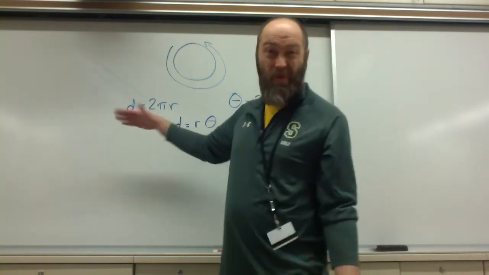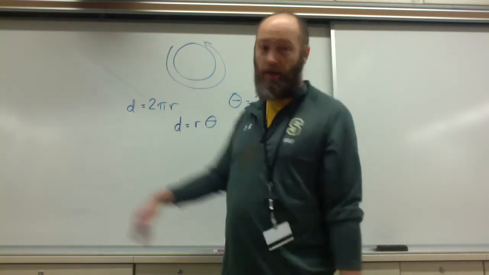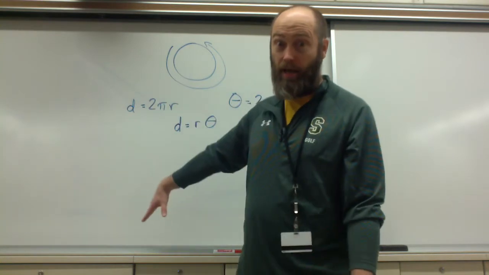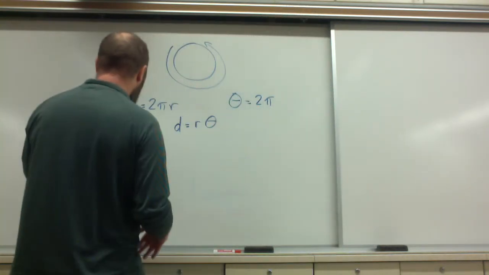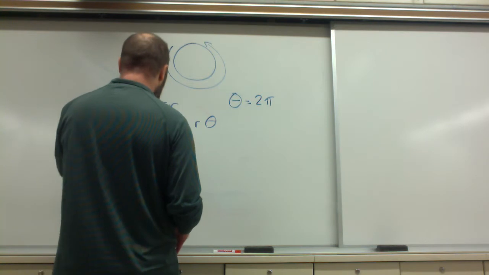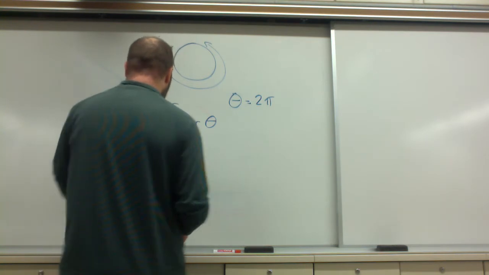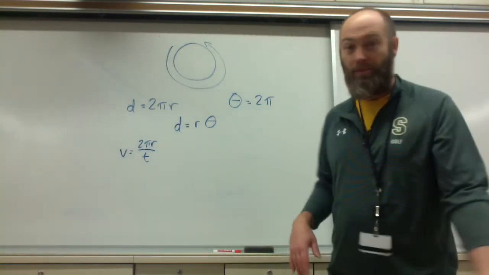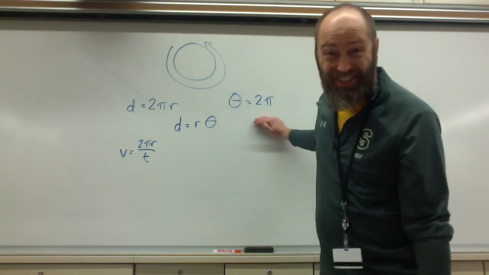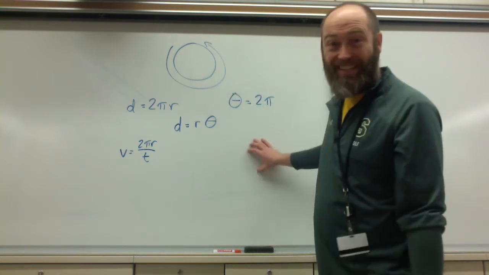And then guess what? If I wanted to do, for example, my speed here, well, that's distance over time. My linear speed was distance over time. Well, guess what? My angular speed is angle over time.